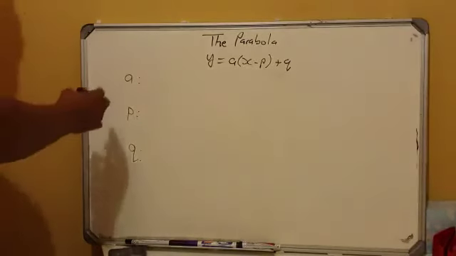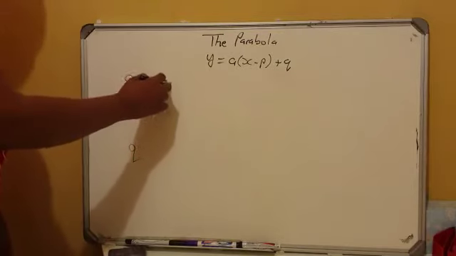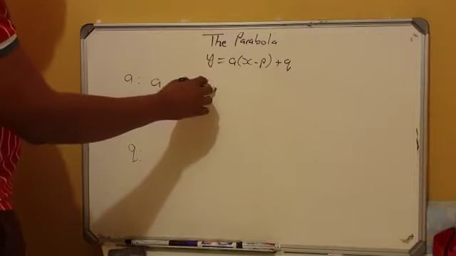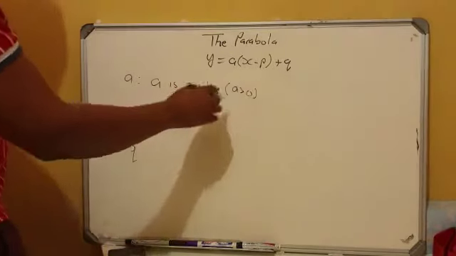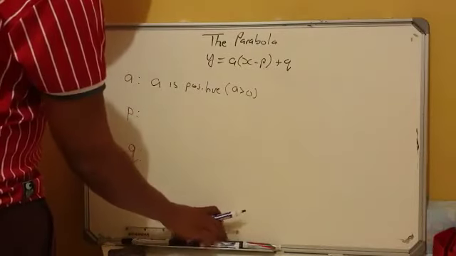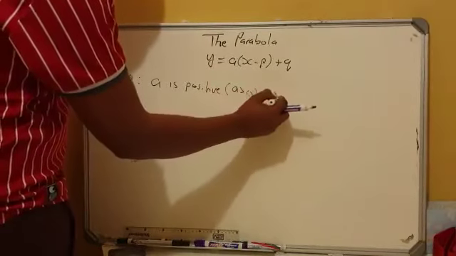When a is positive, meaning when it is greater than 0, the graph will look like this.